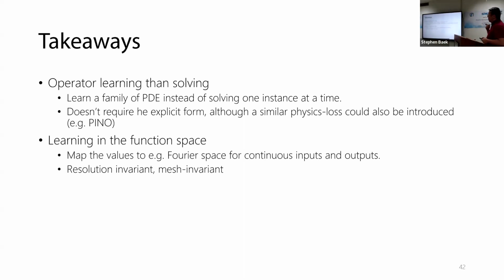And also, I mentioned that even though on the surface it may sound like neural operators are simply an image-to-image translation problem, the actual meaningful contribution of the neural operator paper is that they define the problem in a continuous function space as opposed to the discrete pixel space. So we saw things like the Fourier neural operator and the graph neural operator, but there can be other formulations other than Fourier or graph.